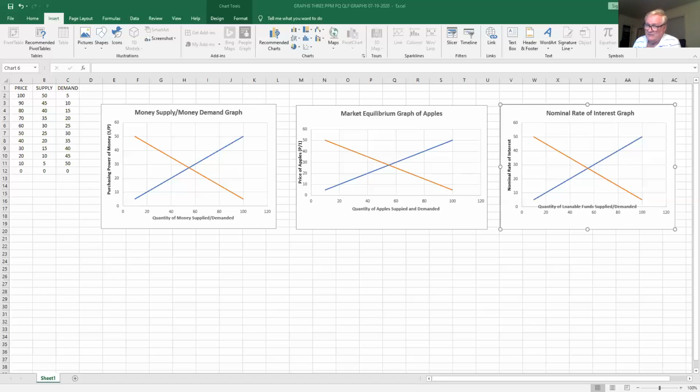We use our trick to take a perpendicular line segment up to the curve that we are unconcerned with. Well, everyone, we're talking about less expenditure, less spending on apples. So that means we're talking about demand. We're concerned with demand. So we take our perpendicular line segment to the curve we are unconcerned with, which would be the blue positively sloped supply curve of apples.